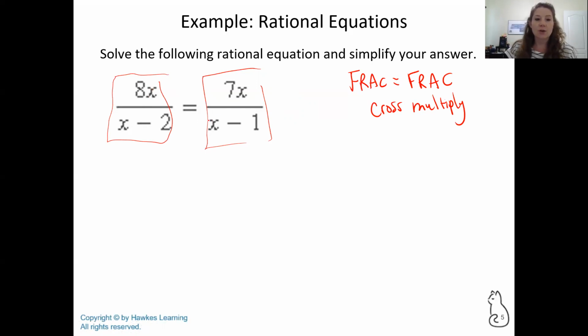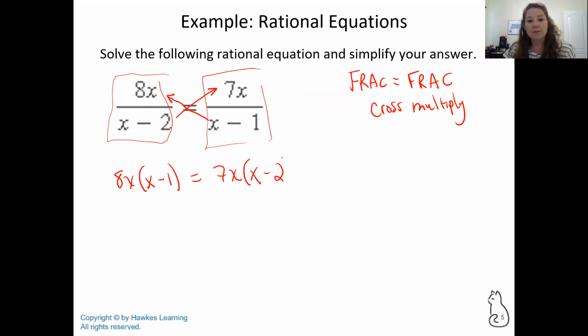All right, so we're going to cross multiply. So I'm going to multiply 8x times x minus 1 equals 7x times x minus 2. And if I put this on the other side and brought this over here, it wouldn't matter. It's the same thing.